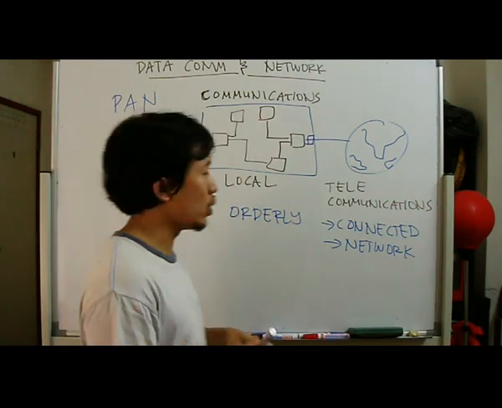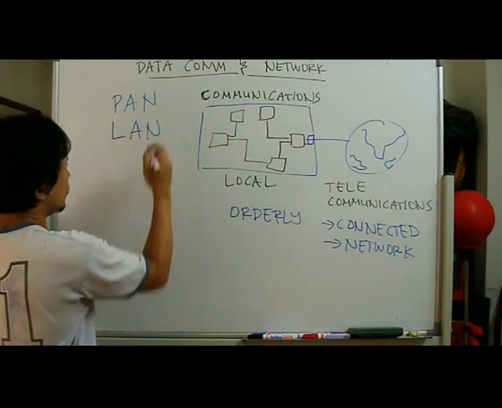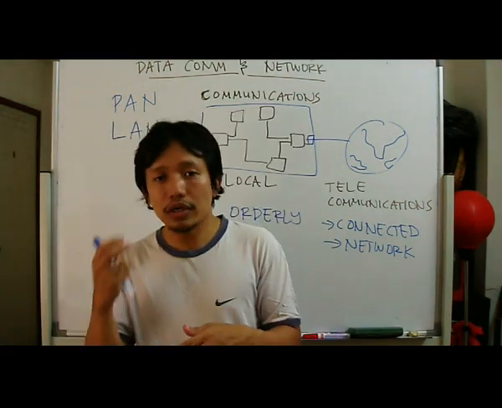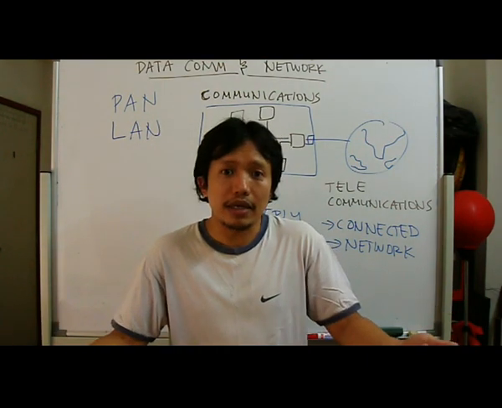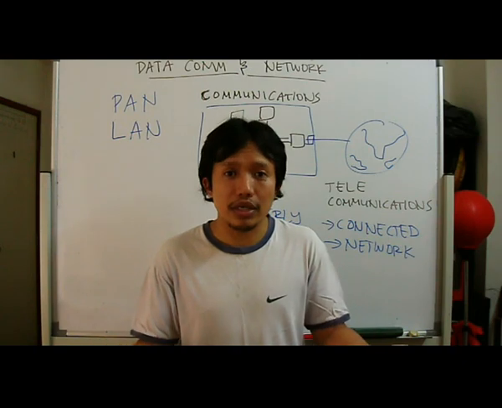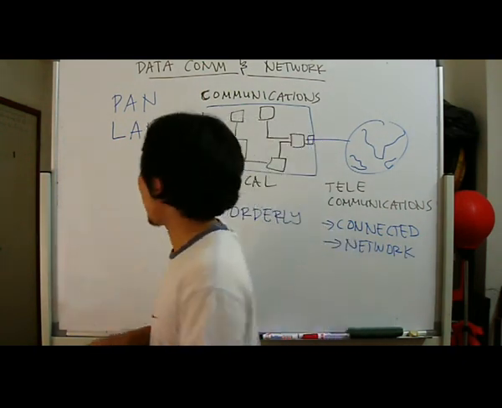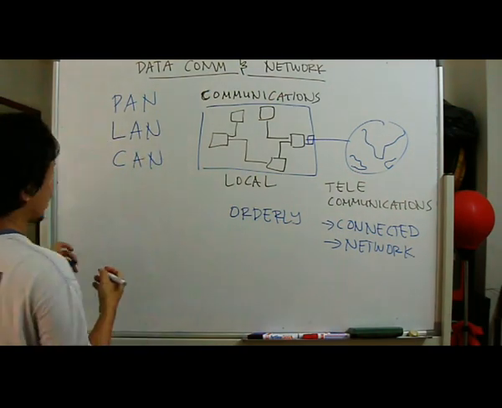From there, we can go to a slightly larger network. It's called the local area network, right? The local area network actually connects computers in a limited geographical space, right? Let's say one building, right? Or it can be one housing estate, right? A limited space. After which, we have a slightly larger network. It's called campus area network, right?